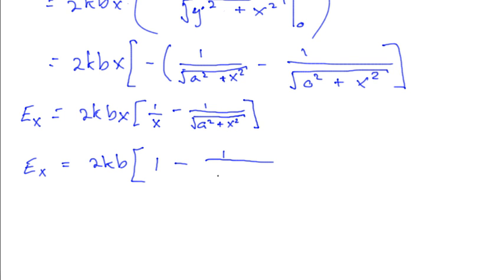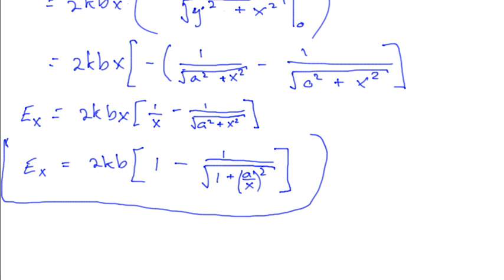I'll get a 1 when I divide it into that term, plus a squared over x squared. I think that's all we need for the first function, and then the second function is used to graph that.